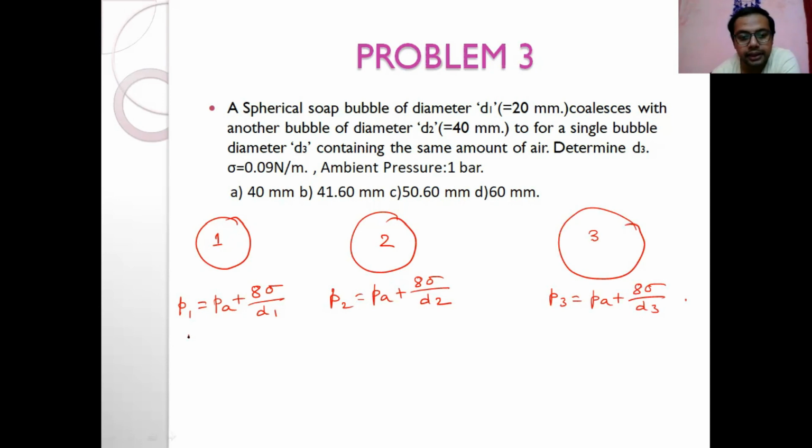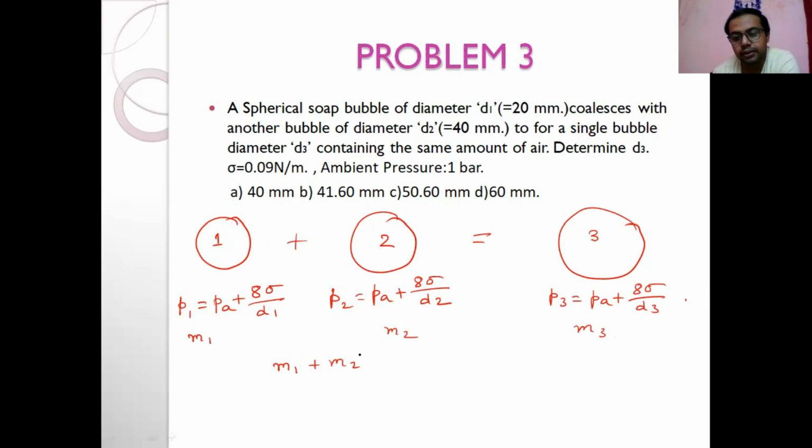The mass of these bubbles is M1, M2, M3. From the mass conservation principle, you know that M1 and M2, because the first and second coalesce and form the third one.